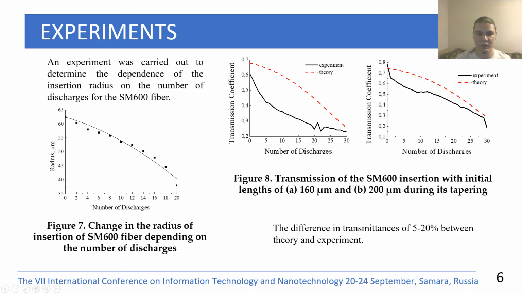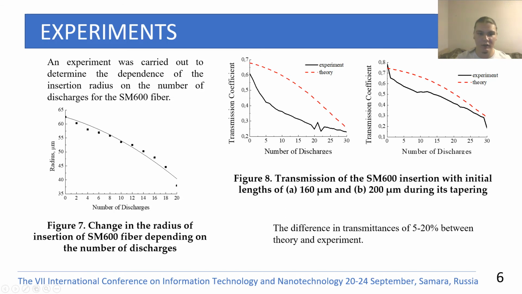To test the theoretical results, two experiments were carried out with the SM600 fiber. In the first experiment, an insertion with a length of 160 micrometers was made. In the second experiment, an insertion with a length of 200 micrometers was made. 30 electric arc discharges were applied to the insertion.